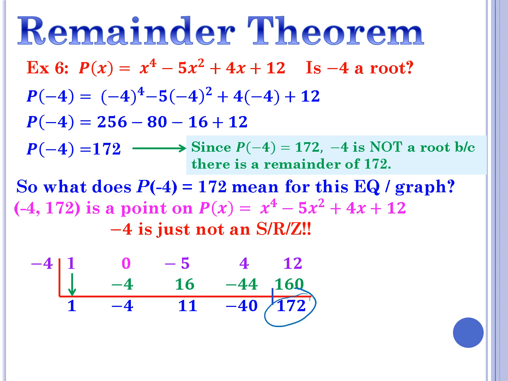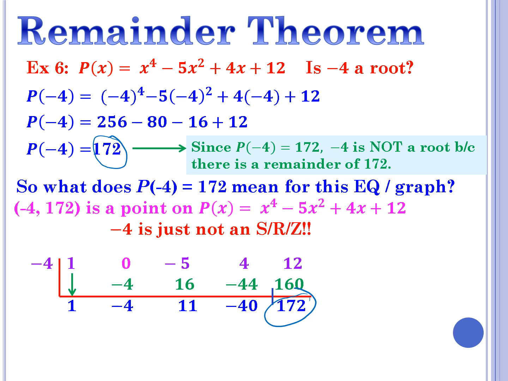So look here, I get 172 and 172. So it doesn't matter if you use the remainder theorem or the synthetic division to determine if it's a root, unless we say, hey, use the remainder theorem, or hey, use synthetic division. But just to show you, you get the same thing if you plug in negative 4 versus doing the synthetic division.